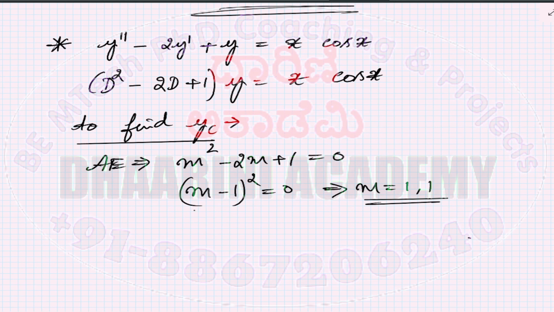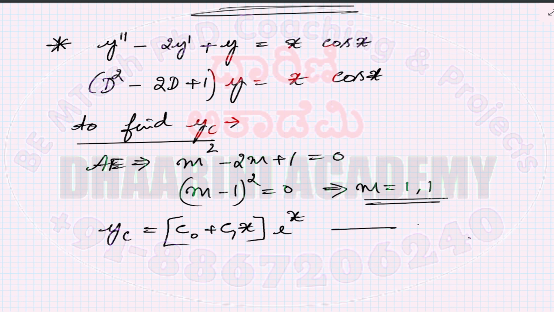So when we have the roots real and repeated, the yc is guessed as c0 plus c1 into x into e to the power the root into x. So the root is 1, so this is e to the power x. Okay, let's call this equation number 1.